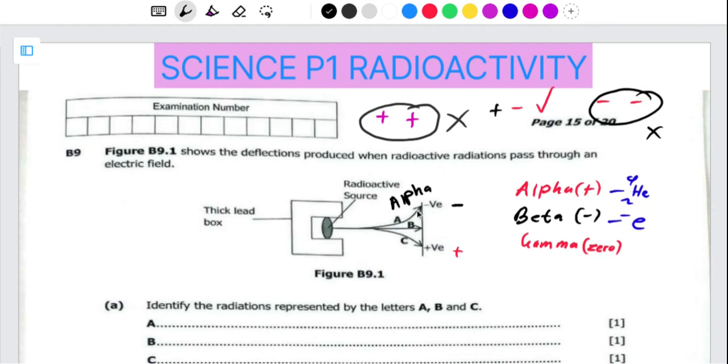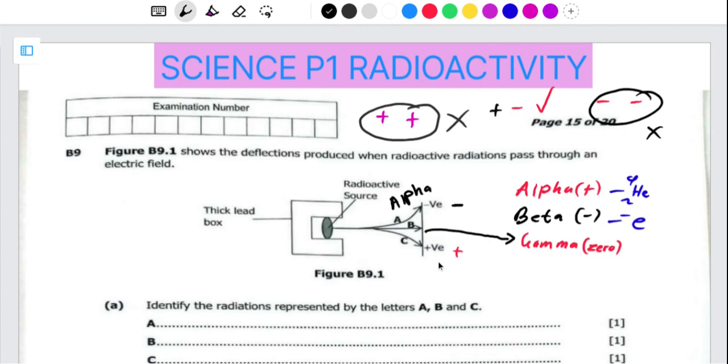So A is alpha. Then B. Radiation B is gamma. It is not affected by either the electric field or the magnetic field. This is the only radiation which is not affected by these fields. So B is gamma.